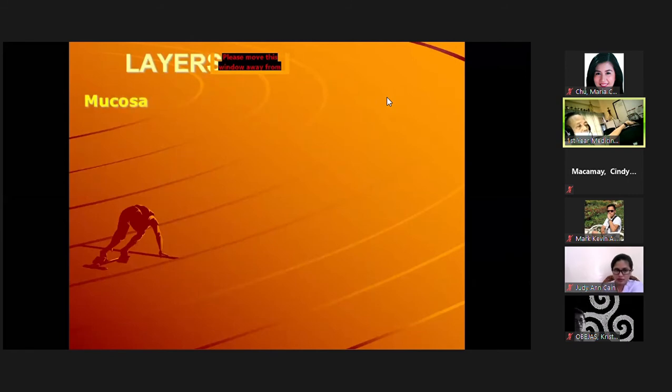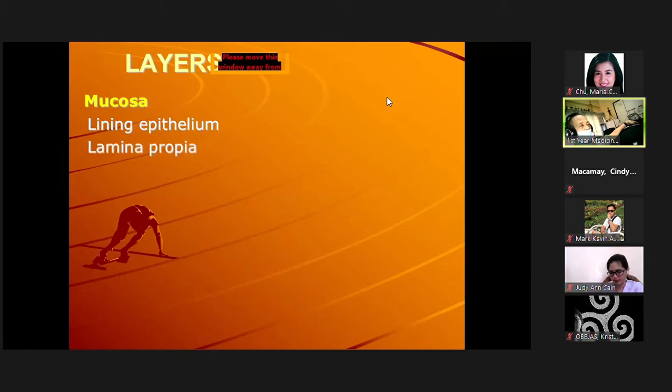Layers of the tube wall, you call that mucosa. So what do you find in the mucosal layer? You see the lining epithelium. Almost always you have lining epithelium. It is the epithelial cells. Then you have your lamina propria.